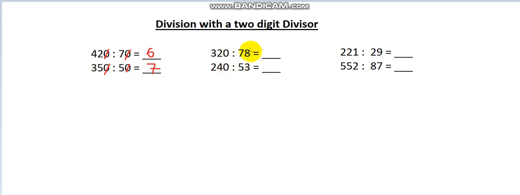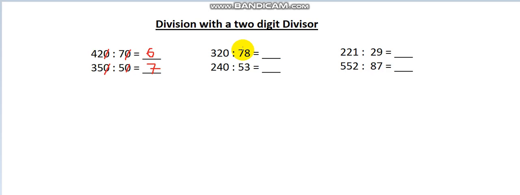Here, I have a problem, because in 320 divided by 78, 78 does not have a 0 at the end, so I can't just erase this 8. So what I do, I treat 78 as if it's 80, the nearest 10 up, 80.